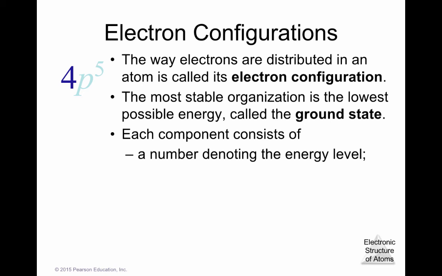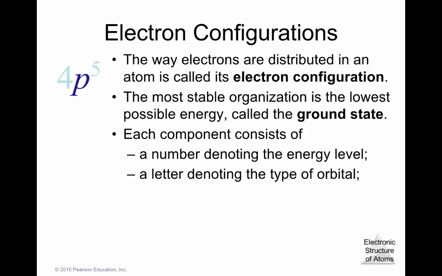Each component of the electron configuration consists of, first, this number right here in dark blue, which tells us the energy level that the electron is in. Then we have a lowercase letter, which is either s, p, d, or f. That's telling us our orbital type.